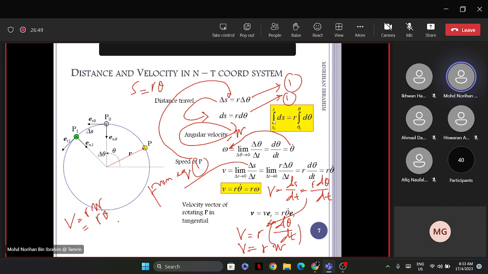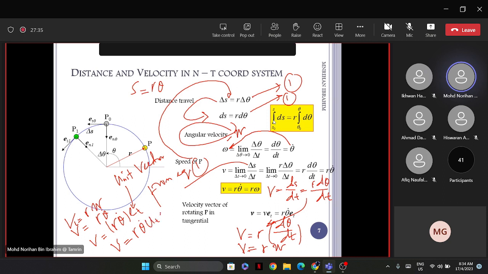If we consider the unit vector of the tangent, we can write the equation as V is equal to V tangent, V is equal to R theta dot eT. eT is the unit vector, or we can use eT or uT, which represents the unit vector. V is equal to R theta dot uT.